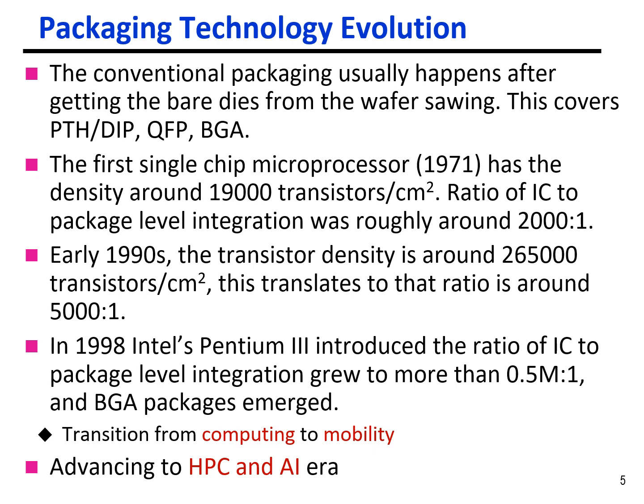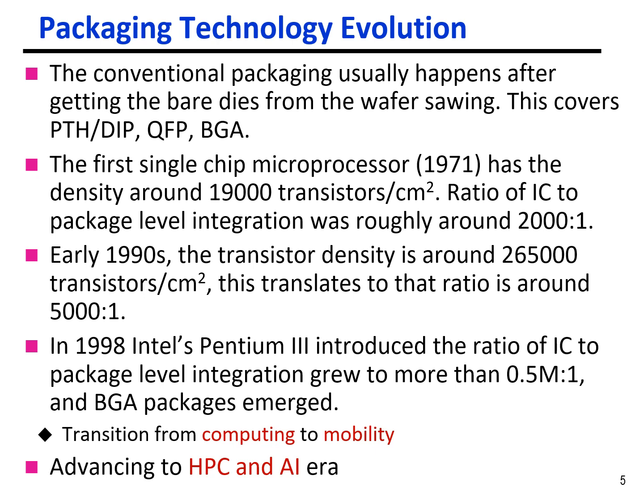Going back to 1971, the density is around 19,000 transistors per square centimeter, and the ratio of IC to package level integration is around 2,000 to 1.